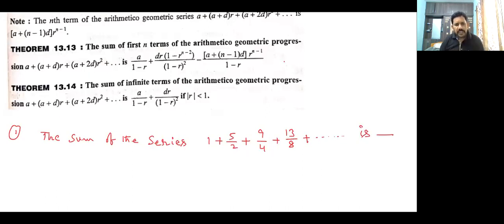The last term they didn't give, that means I think this is an infinite AGP series. The sum of the infinite AGP series we need to find.